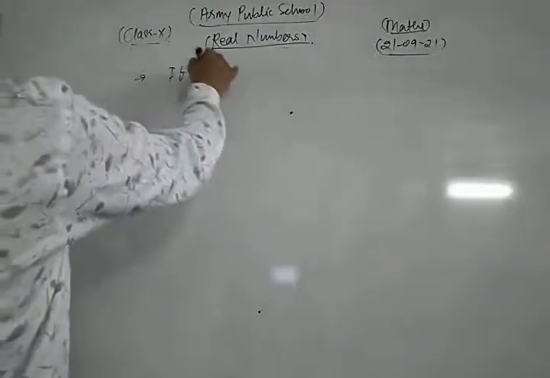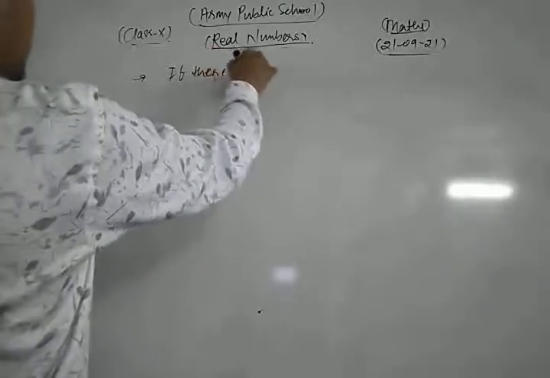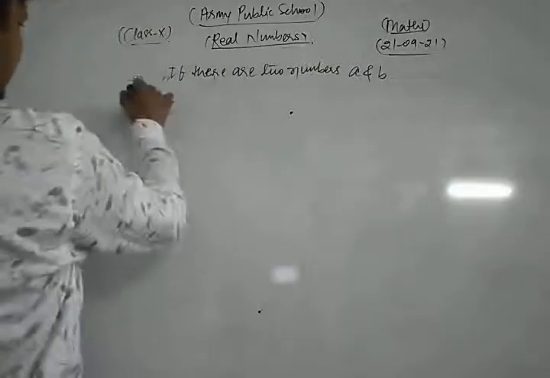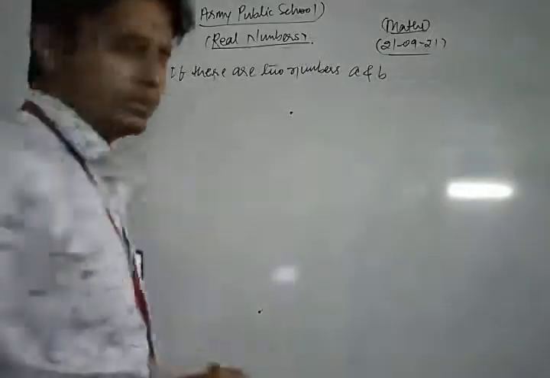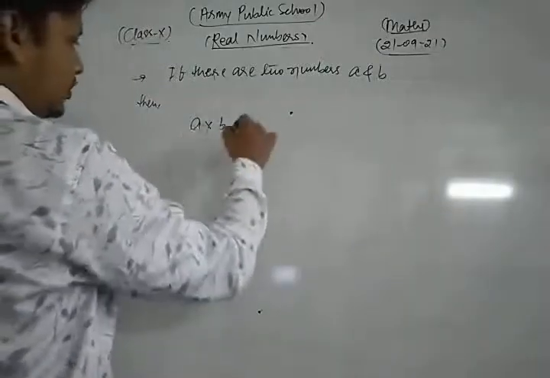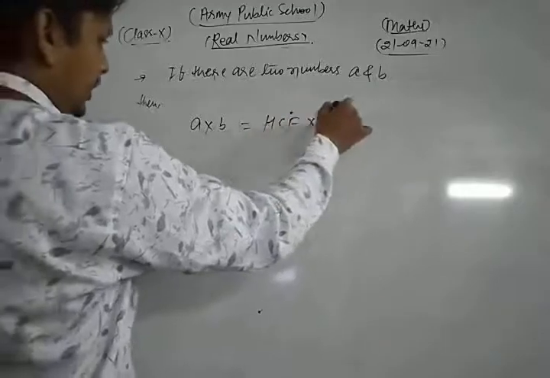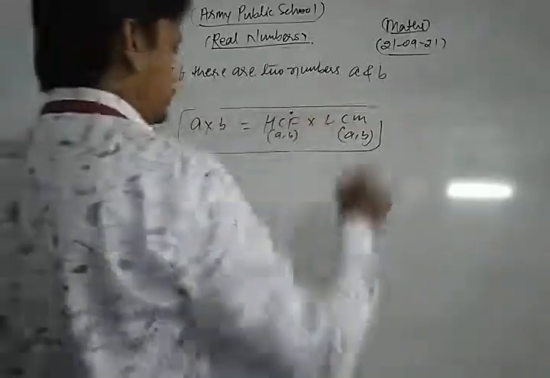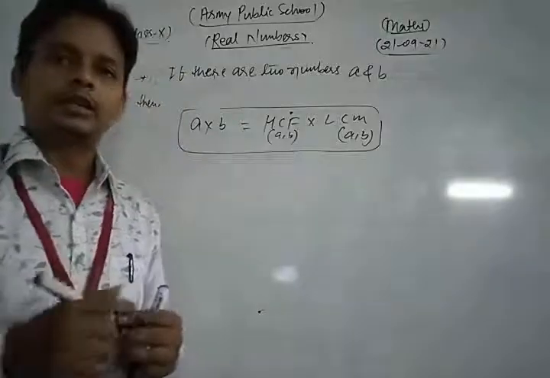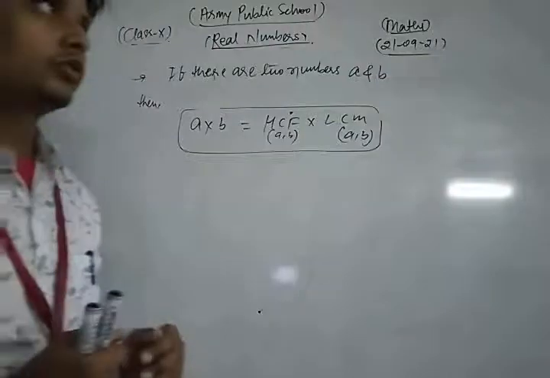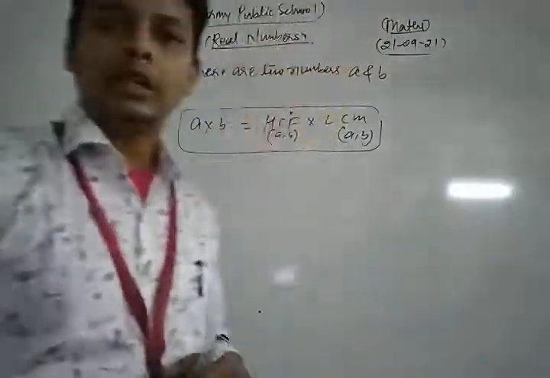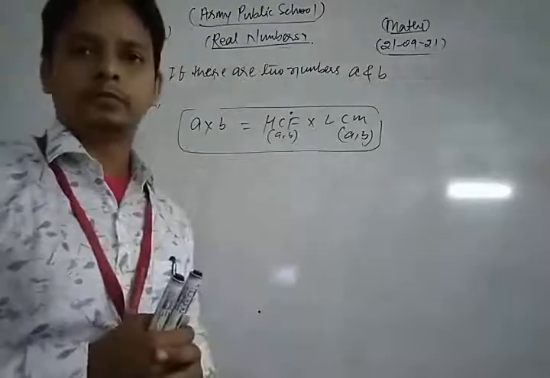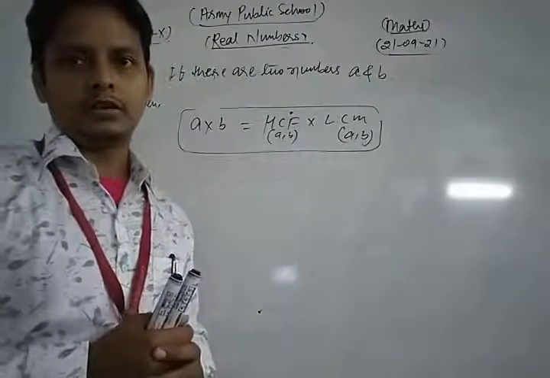If there are two numbers A and B, then the product of these two numbers is equal to their HCF into their LCM, means HCF of A and B into LCM of A and B. This is the very important formula related to that topic. Okay, this is a very important concept.